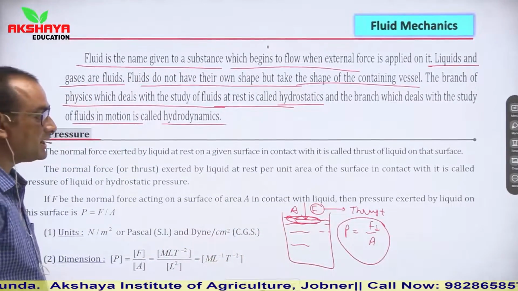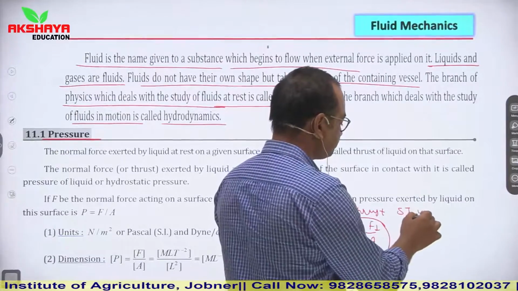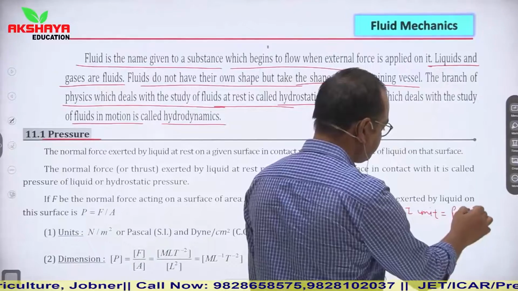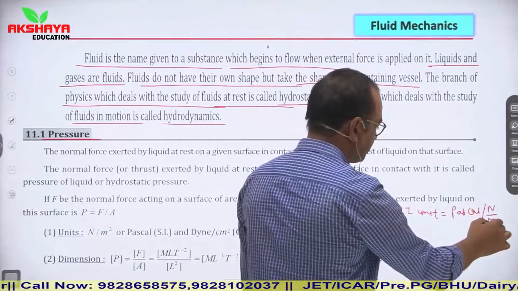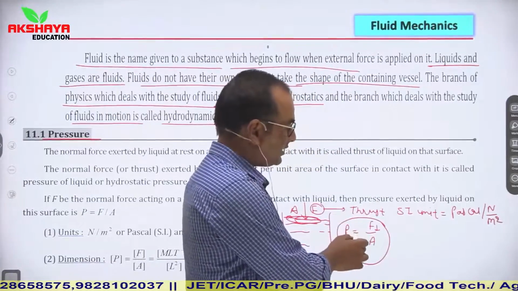If we talk about its SI unit, then the SI unit of pressure is Pascal, or you can say Newton per meter square. Force is measured in Newton, area in meter square.